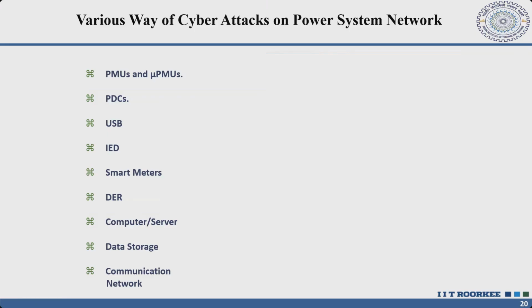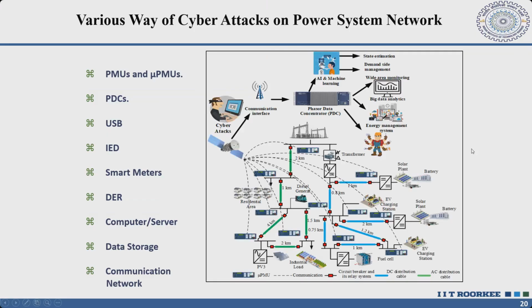I have listed here the various devices. The first device is the PMU, phasor measurement unit, which utilities are nowadays using. For the last several years, there was a scheme, URTDSM, implemented by the government of India, actually POSOCO or Grid India.